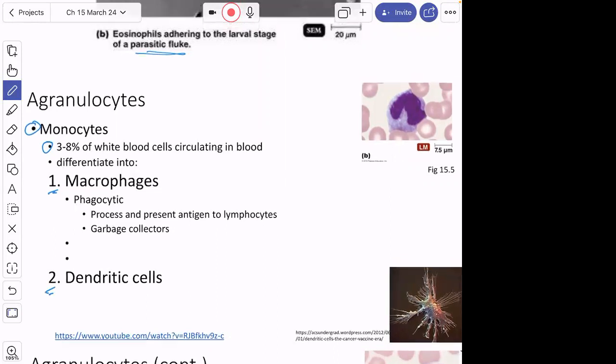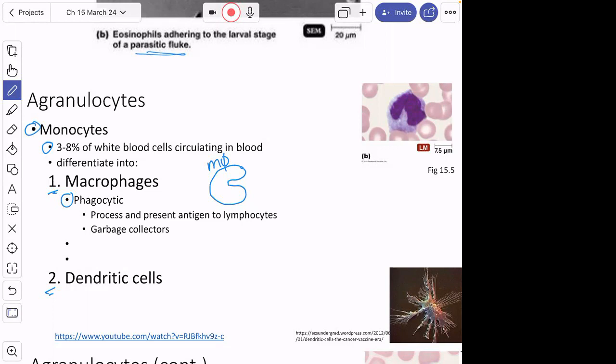We're going to talk about macrophages a lot. Their main function is phagocytic. We'll look at the steps of phagocytosis in more detail, but basically, if I draw a macrophage, that M, I don't know what Greek symbol that is, is shorthand for a macrophage. Is it theta?